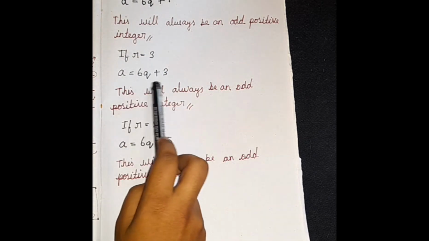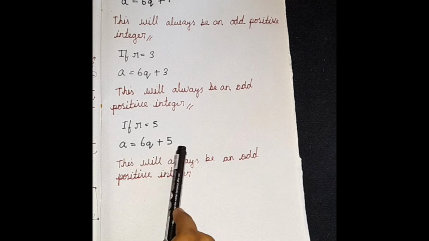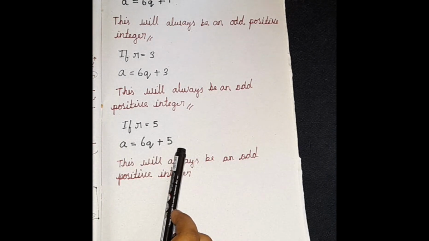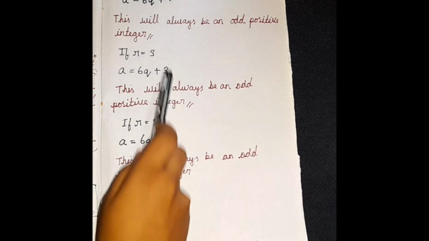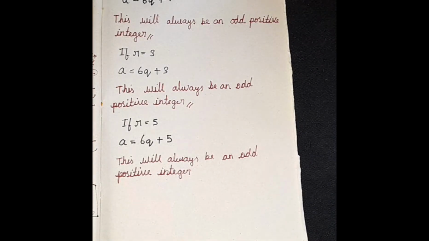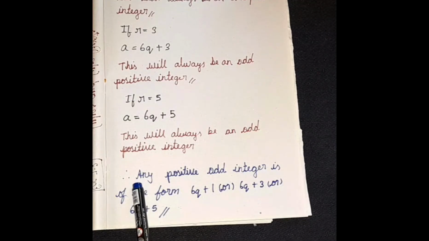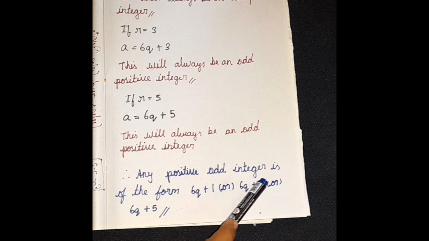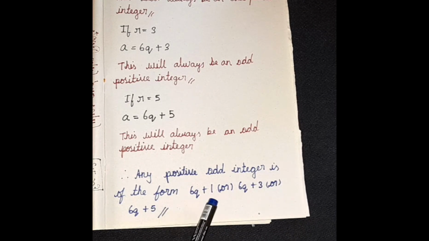So we can write, any positive odd integer is of the form 6q plus 1 or 6q plus 3 or 6q plus 5.